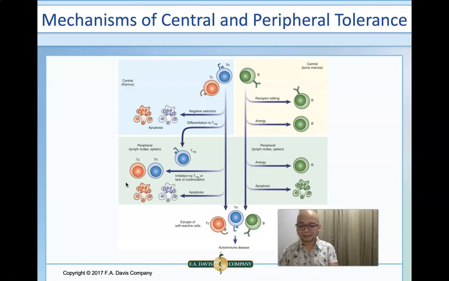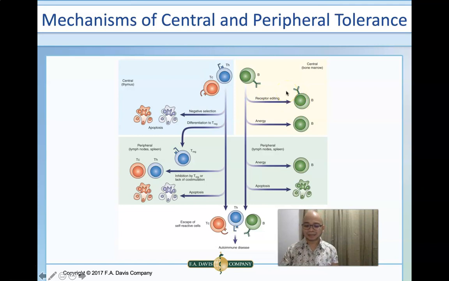If they are able to rearrange their immunoglobulin genes, the B cell receptors are no longer antigen specific. This process wherein B cells rearrange their immunoglobulin genes is called receptor editing.